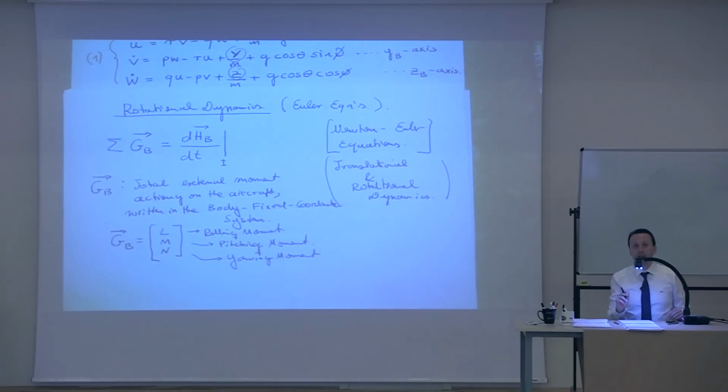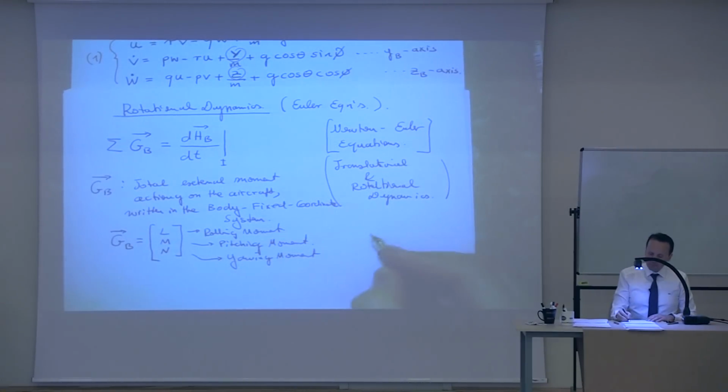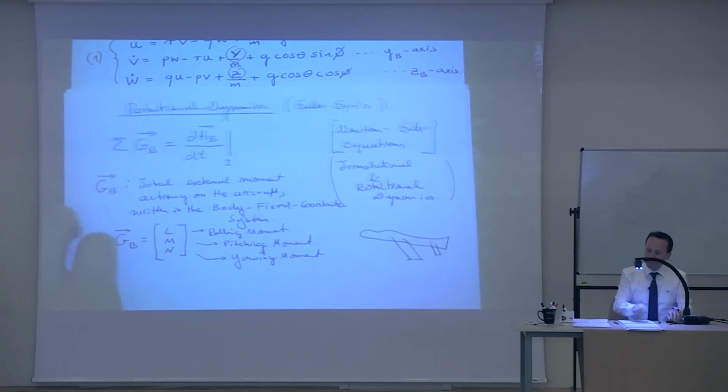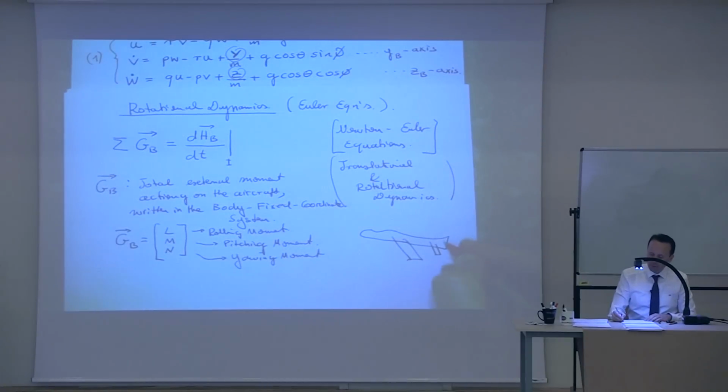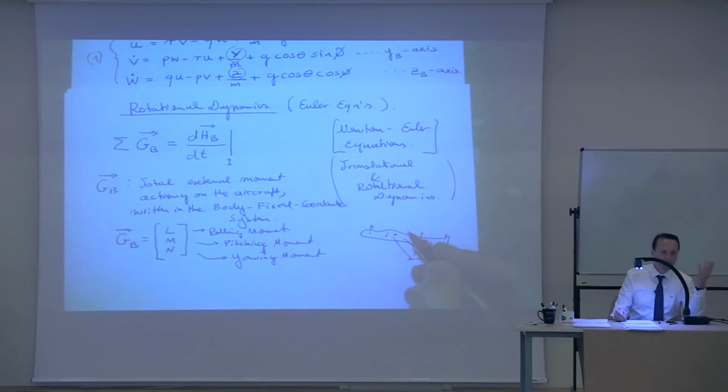Because if you have an airplane, there are forces and moments that come from everywhere, from the vertical tail, from the horizontal tail, from the wing, from the fuselage, from this and that, right? Everywhere there are forces. Now, if you move them all to the CG, there will be one unique moment that will appear because of the movement of these forces to the CG. If you would move them to another point, the moments would be different, isn't it?